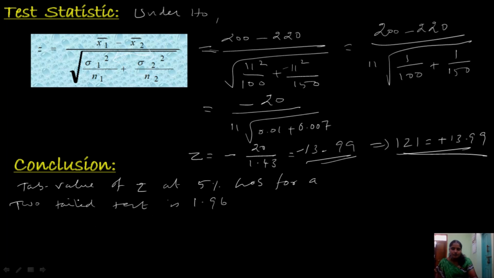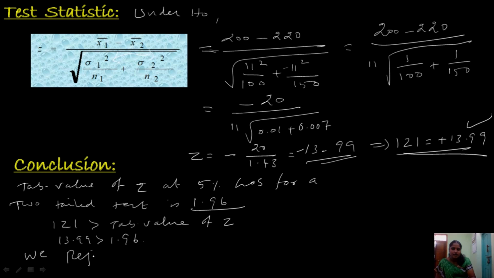And now my calculated value of absolute z, that is 13.99, is strictly greater than my table value of z. That is 13.99 strictly greater than 1.96, isn't it? So here we reject the null hypothesis H0. That means there is a significant difference between the two sample means.